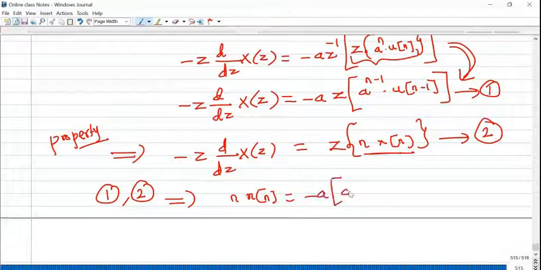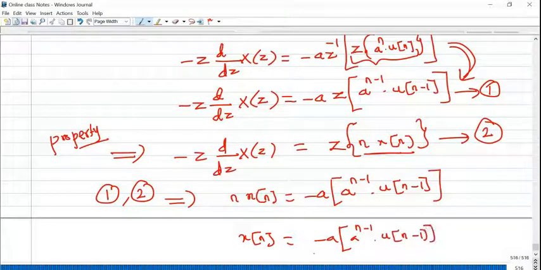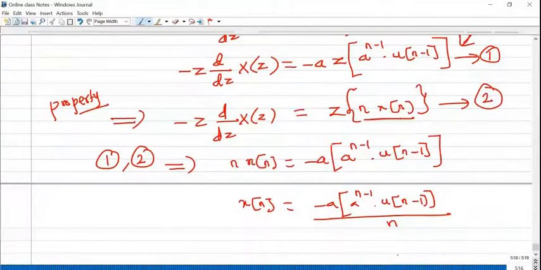So x of n equals minus a power n minus 1 u of n minus 1 divided by n. This is the result. So this problem is important for the semester exam.